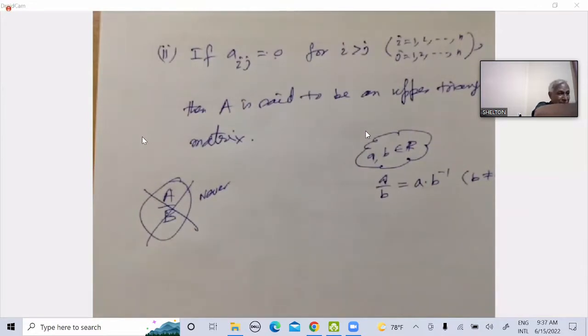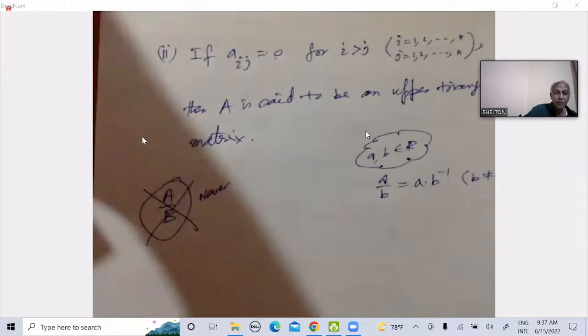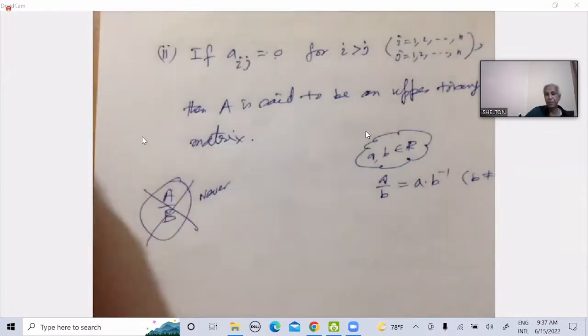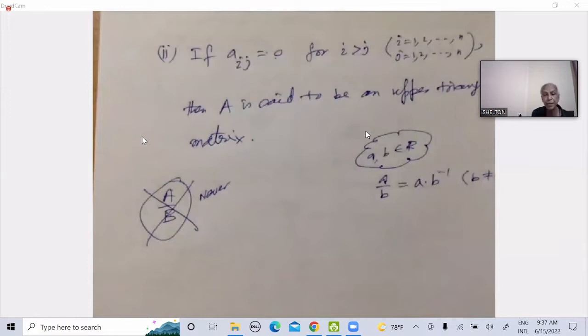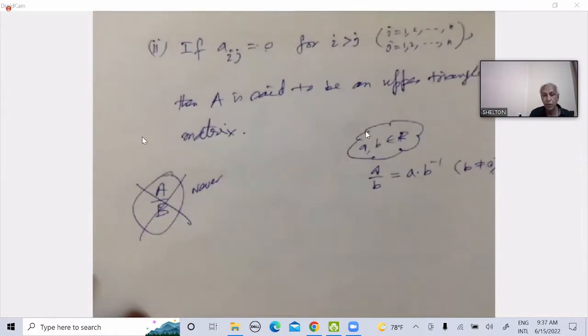Somebody might criticize, how can you call them numbers? Yes, but a new type of number, consisting of a few numbers put in a rectangular array pattern.